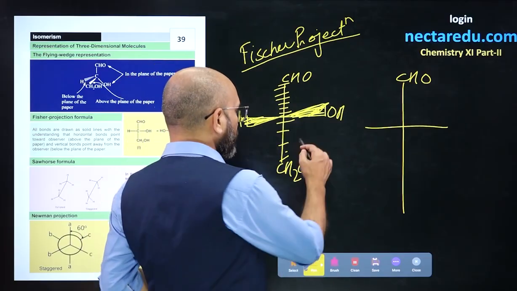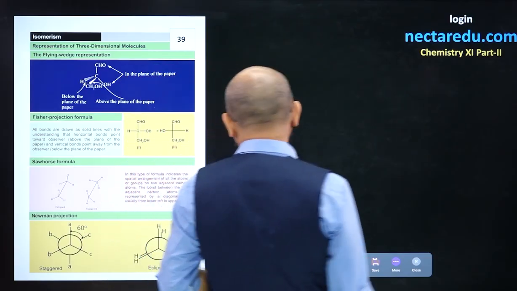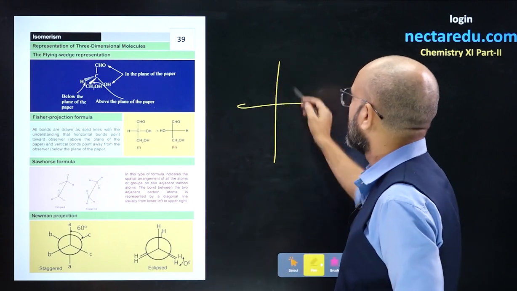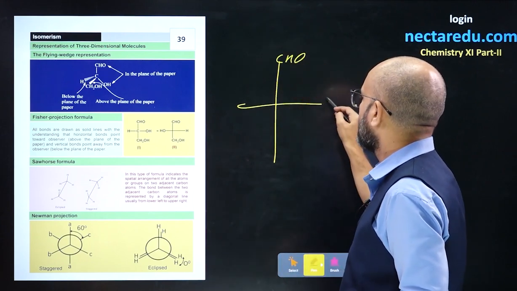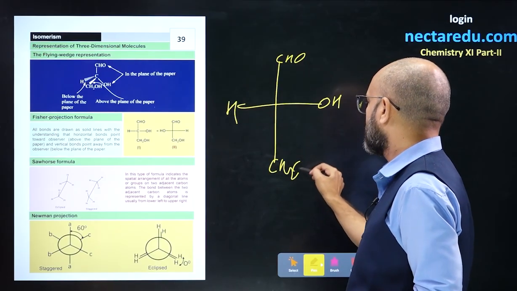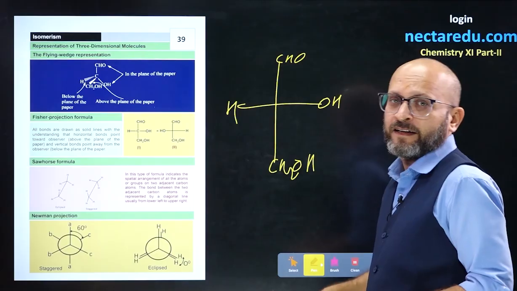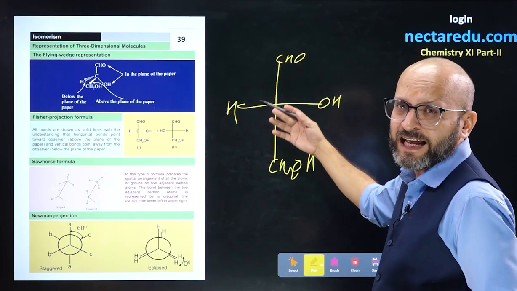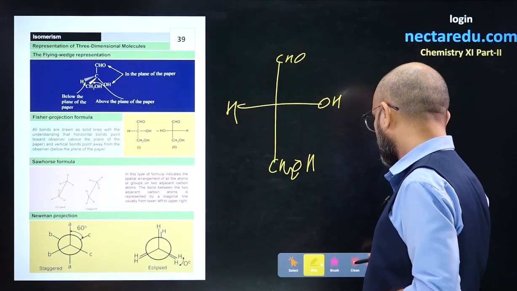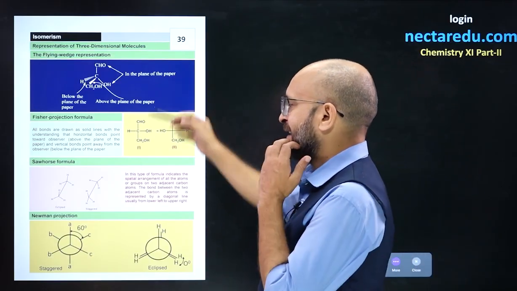That is what you have to make out whenever you see a Fisher projection. It is something like this, with groups written like this, where vertical means away from the observer and horizontal means towards the observer, right? So I have explained Fisher projection and dash and wedge.